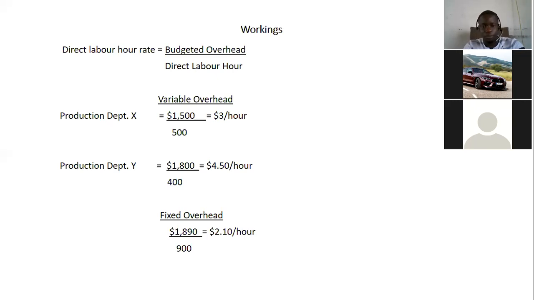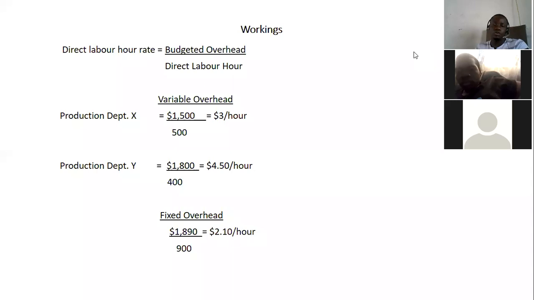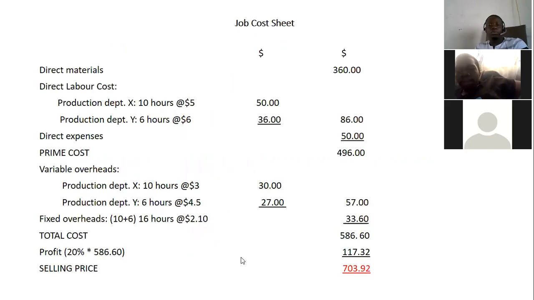Getting that, we also need to go back to the production department X hours, which is 10, and the production department Y hours, which is 6.